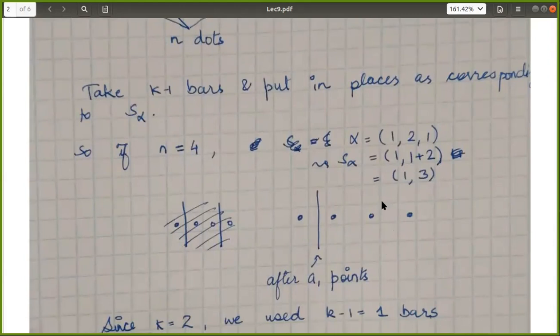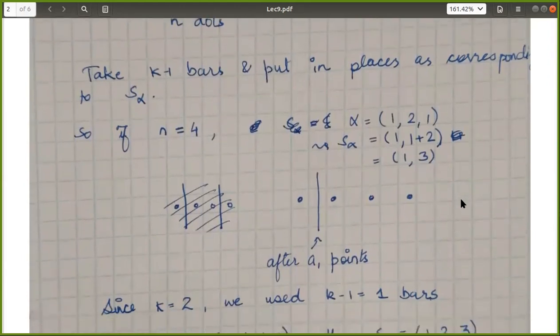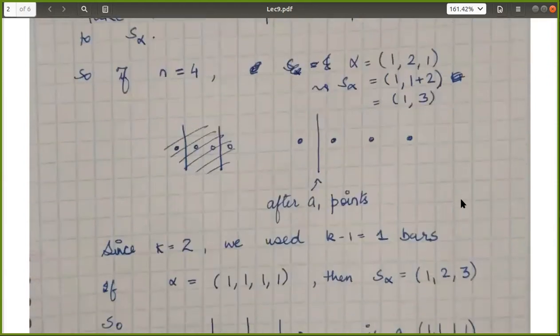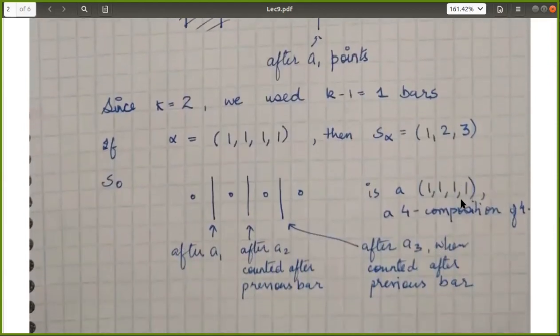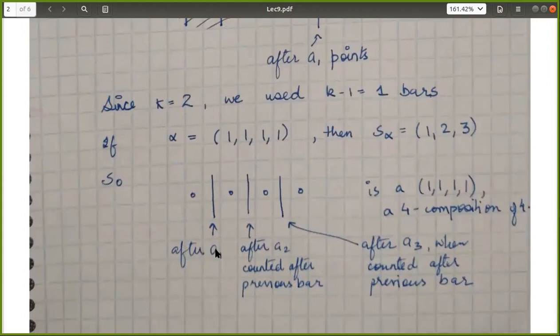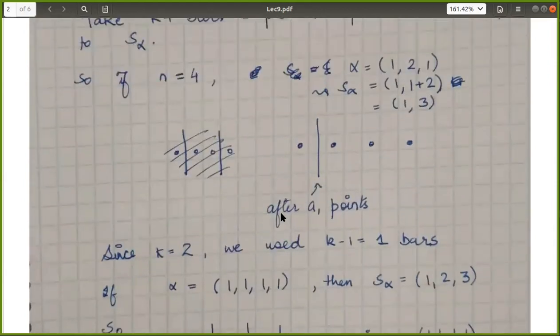I should have put one here because I have taken a K. But you got the idea, right? So similarly for this, after A1 many points, you put a bar, after A2 many points, because this whole as a whole is A1 plus A2. And up till here it is A1 plus A2 plus A3. So this way you keep on putting bars. Is that okay?